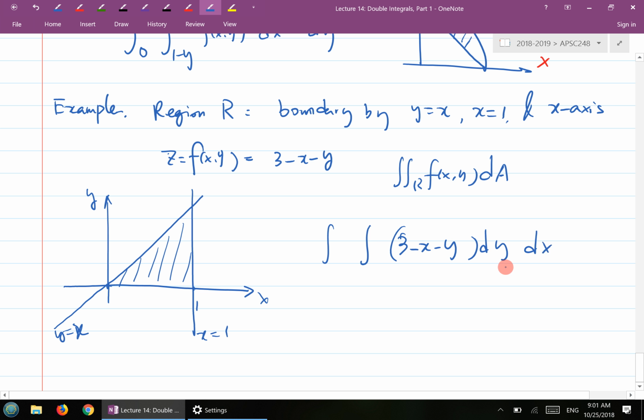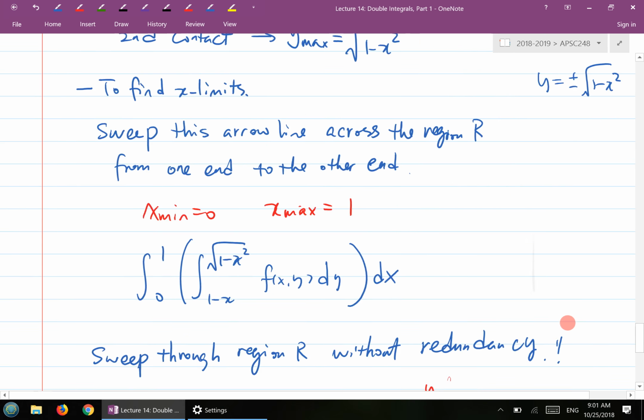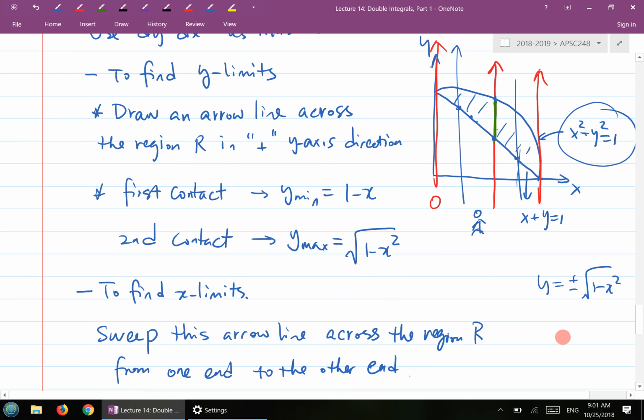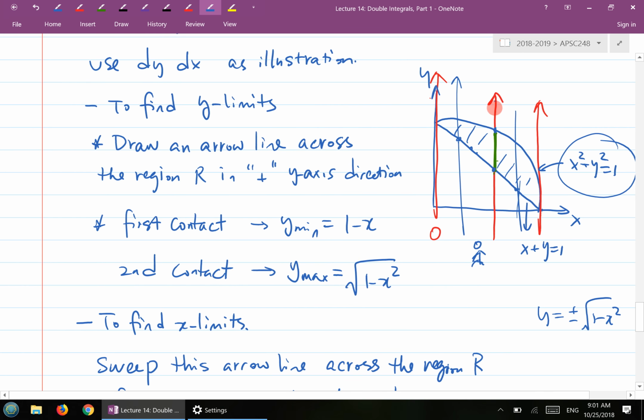If you do y first and then x next, follow the steps precisely: draw arrow lines across the region, look at the first contact and second contact, which gives you y min and y max, and then sweep the arrow line from one end to the other across the region R to find x min and x max.